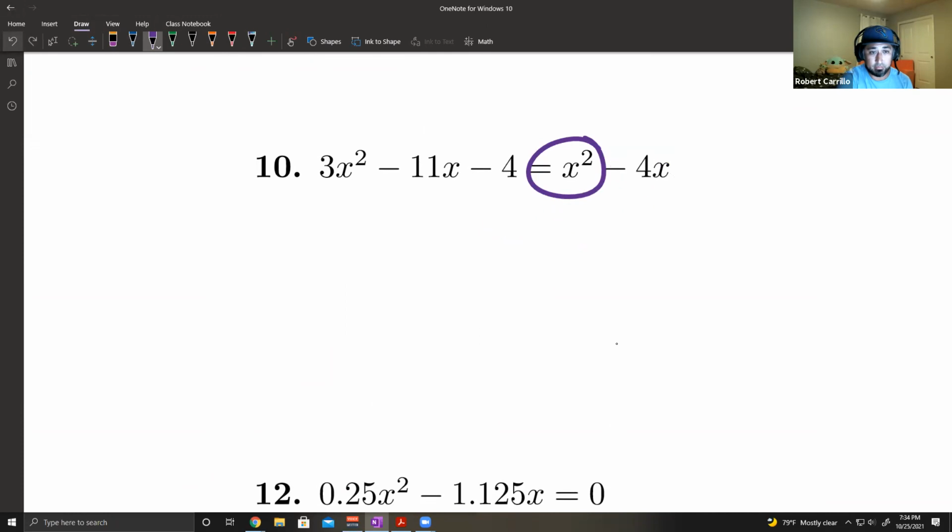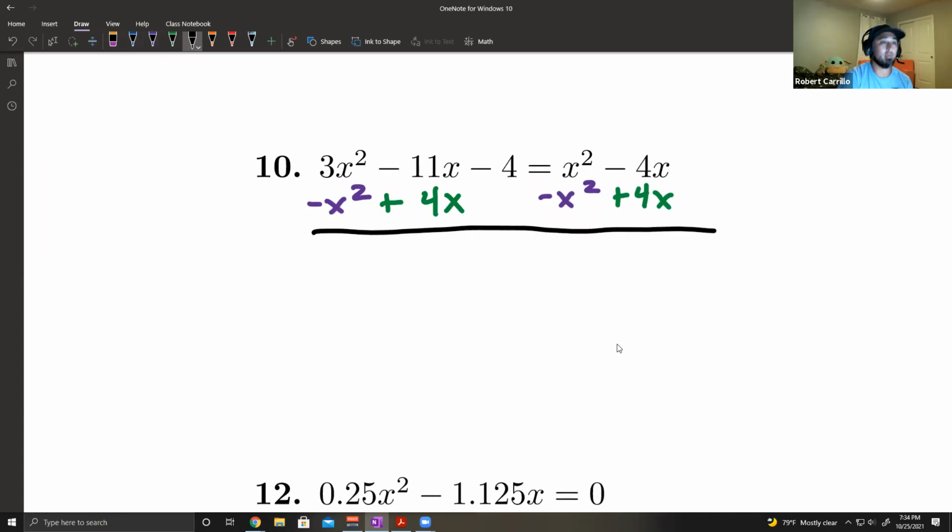So we will subtract x squared, and then we will also add 4x. Okay, so this means we will get 2x squared minus 7x minus 4 equal to 0. So this now puts us in the proper format.